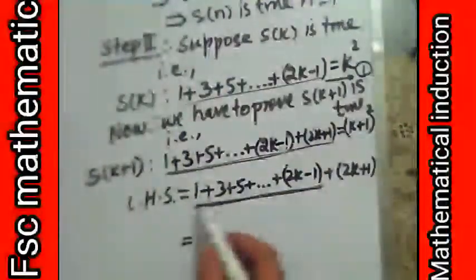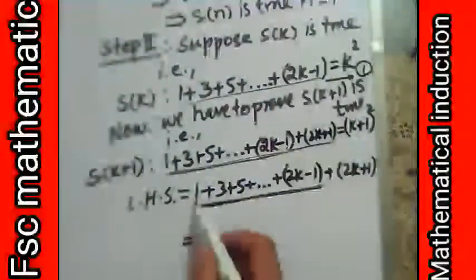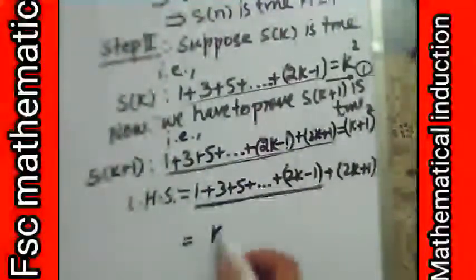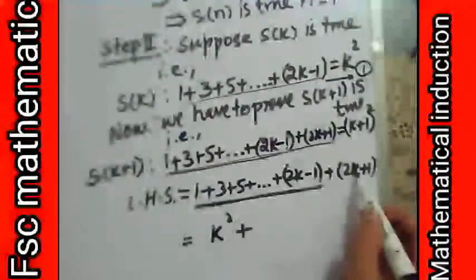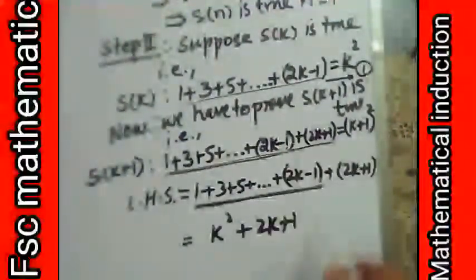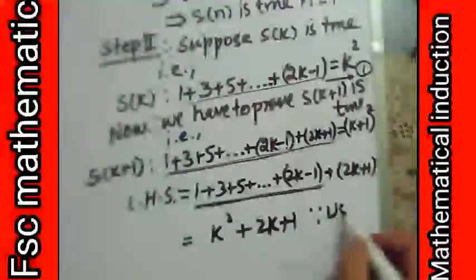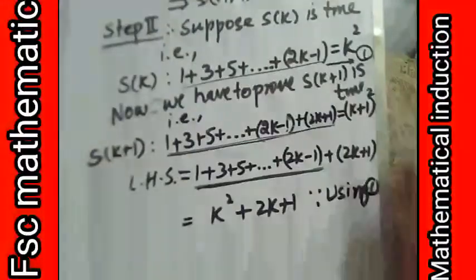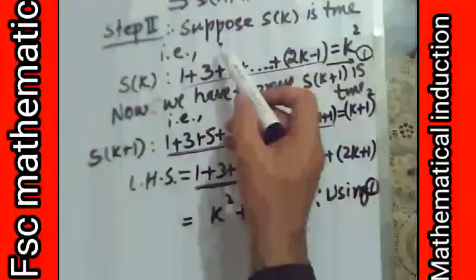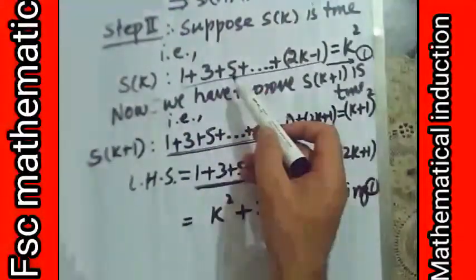Now we have k terms here. We can replace the sum of k terms by the value k square, plus this k plus 1th term, 2k plus 1, and we will refer it to 1. This change is due to using this 1, which we supposed to be true. On the basis of this we have to prove.